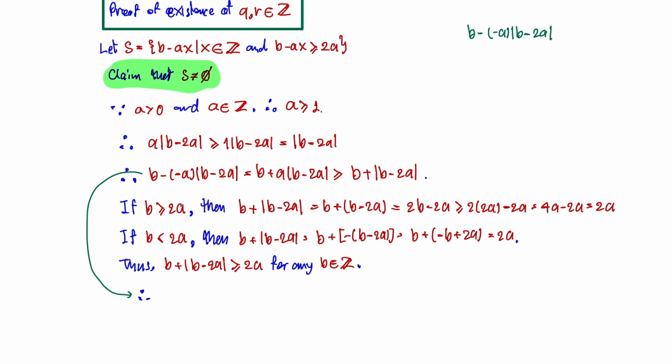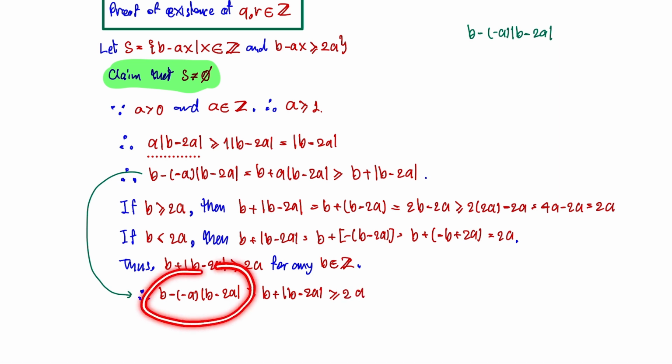Therefore, b minus a times the absolute value of 2a, which is greater than or equal to b plus the absolute value of b minus 2a, is greater than or equal to 2a.